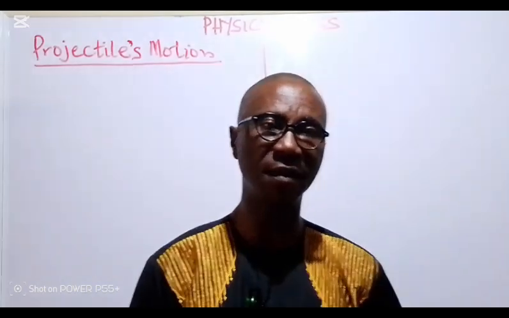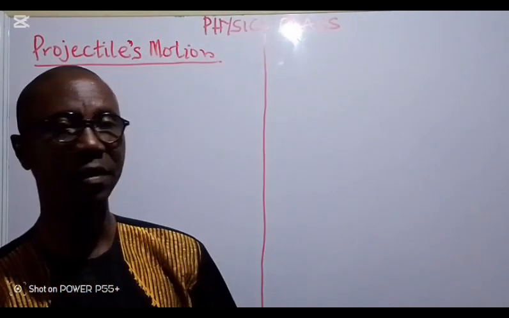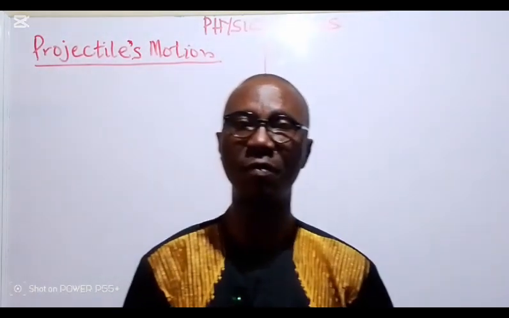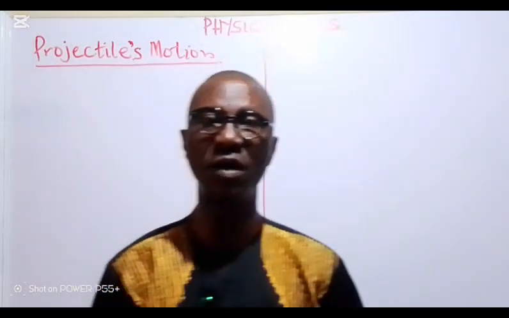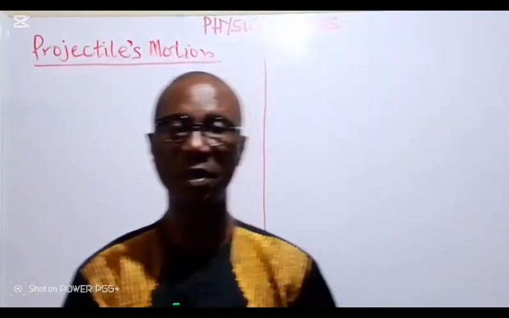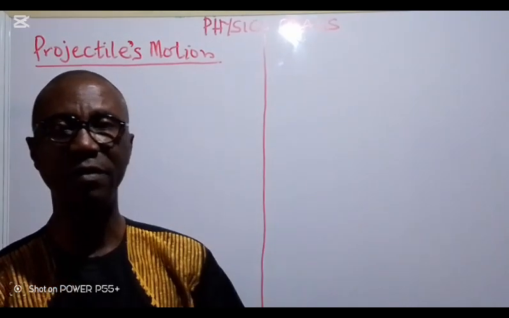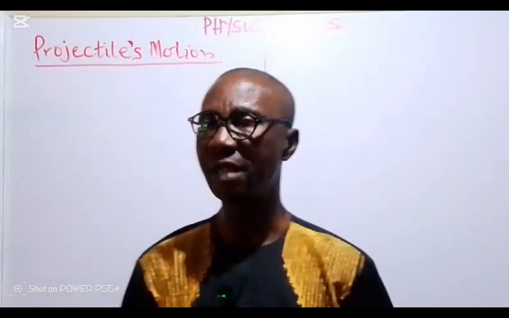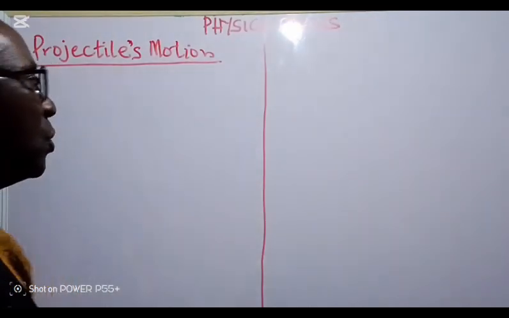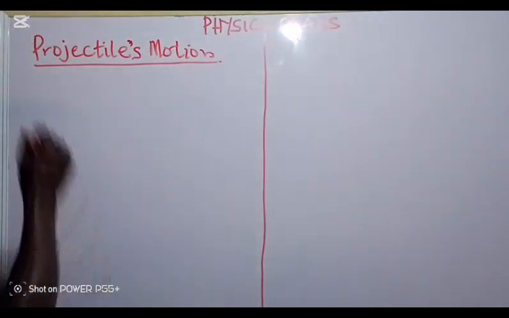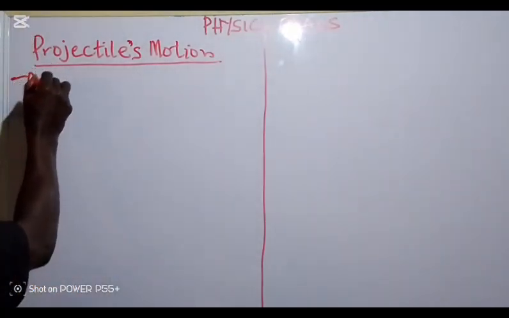Let me take it again: projectile motion is a plane parabolic curve of an object thrown into space and varying with time. At the same time, the motion is being affected by acceleration due to gravity. Let's write projectile motion.